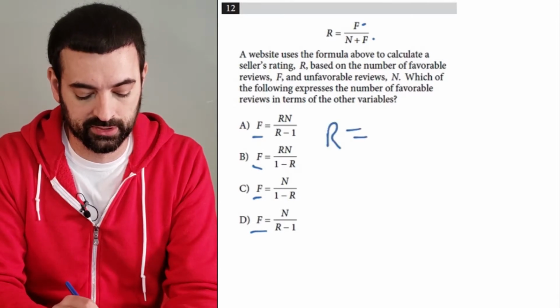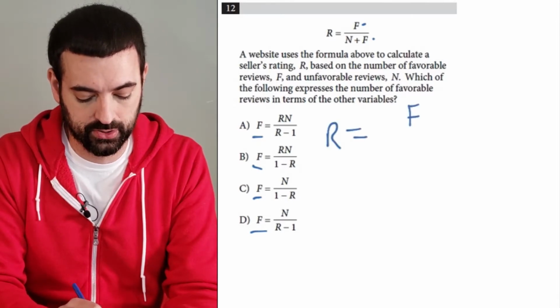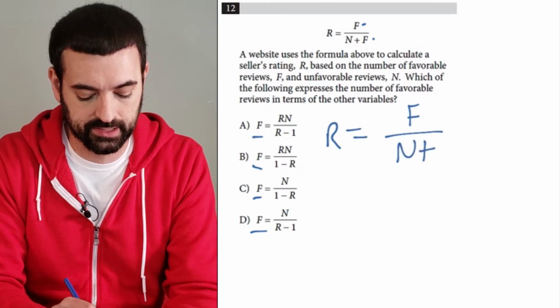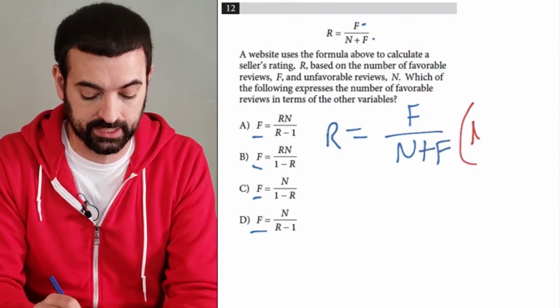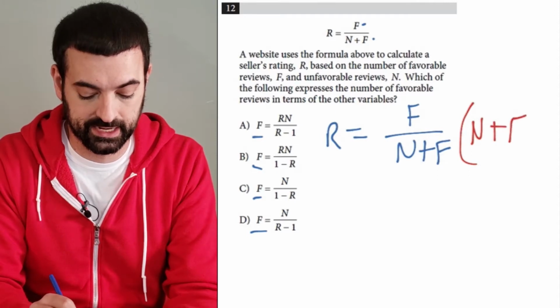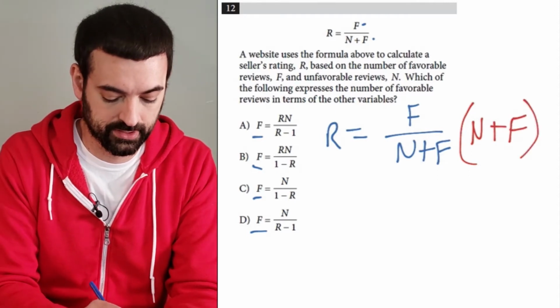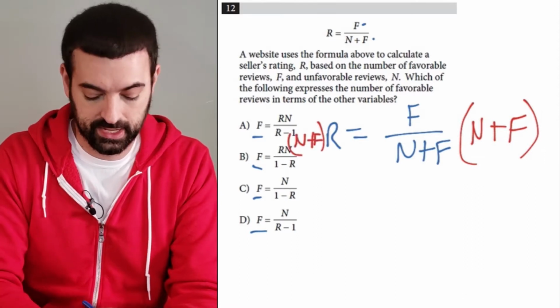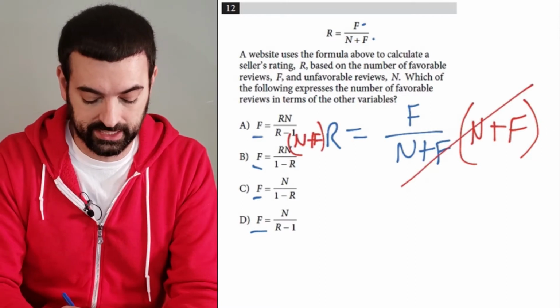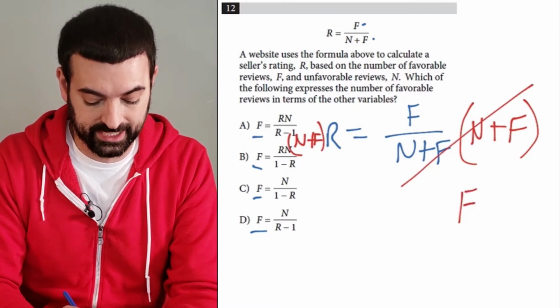R equals f over n plus f. Again, I don't want to be in fraction land. I'm going to multiply both sides by n plus f. I didn't leave myself enough room, but that's fine. N plus f. And now I've got a clean right side with f over here.